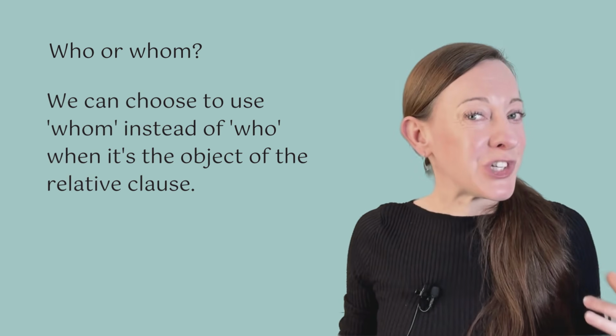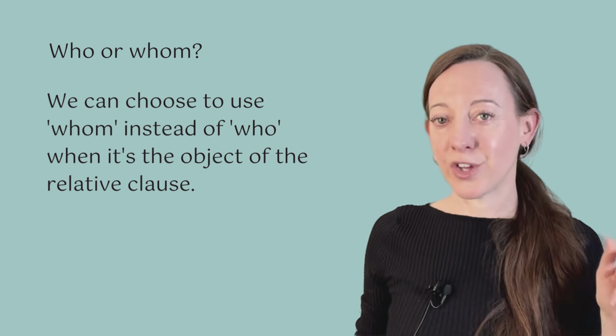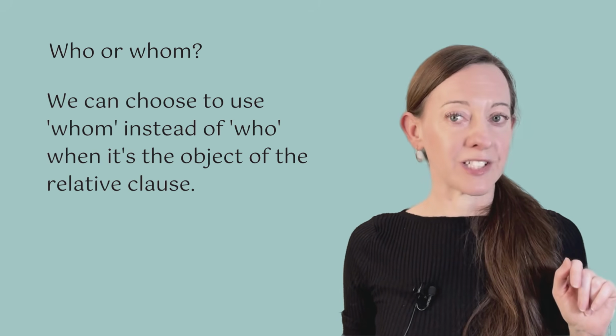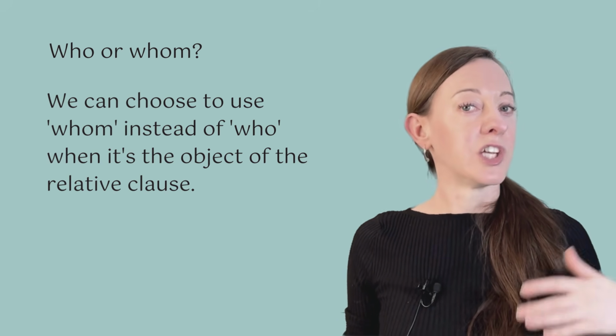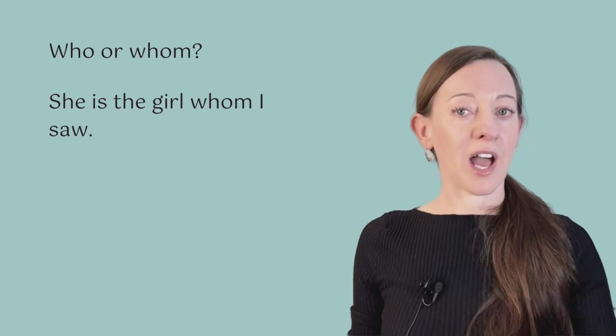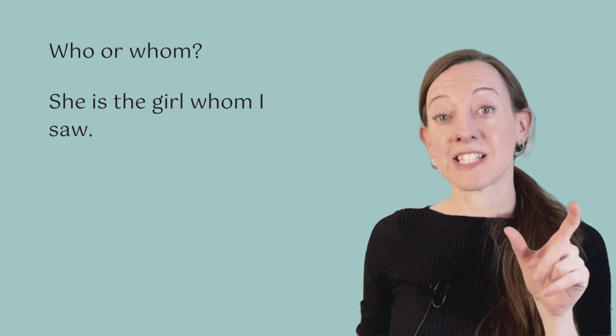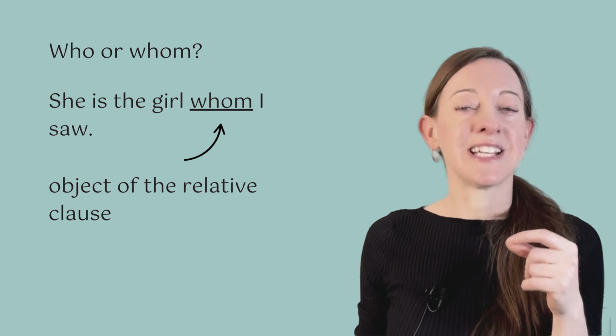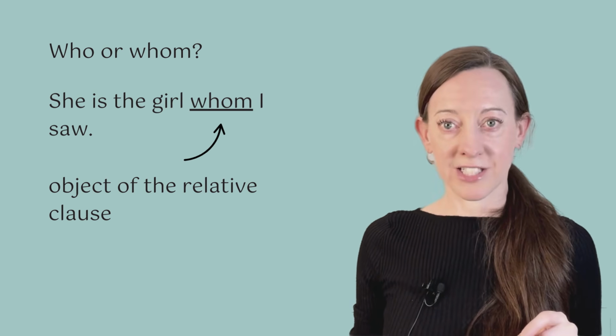The second reason why we need to know if the relative pronoun is the subject or the object of the relative clause is the word whom. We can choose to use whom instead of who when it's the object of the relative clause. She is the girl whom I saw. In this case, the relative pronoun whom is the object of the relative clause.